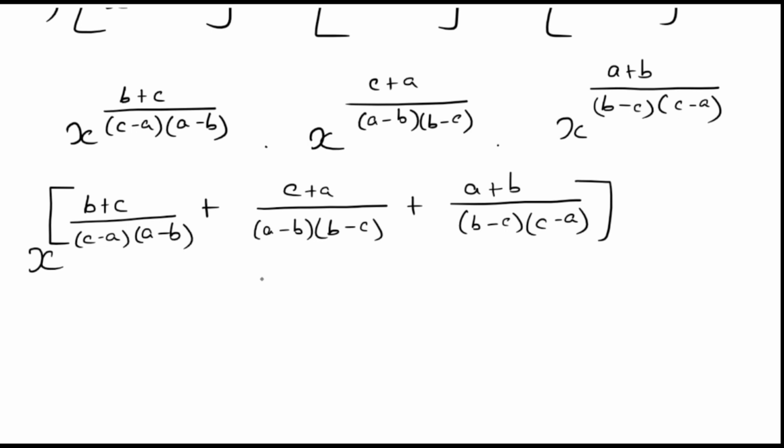Now if you take LCM, in the denominator you will be getting (a minus b) into (b minus c) into (c minus a).